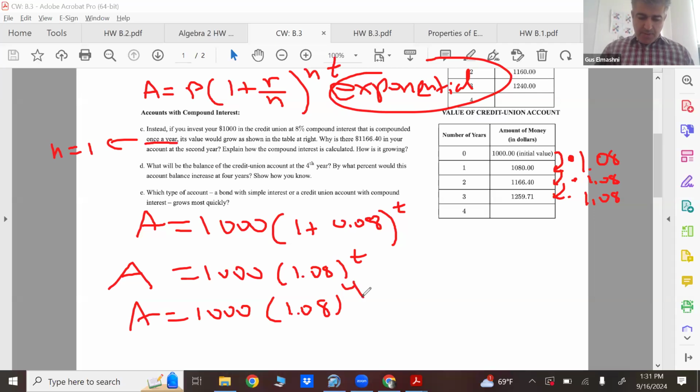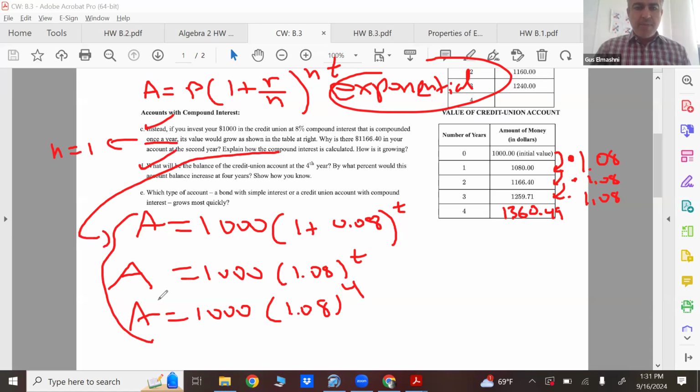So I do 1,000 times 1.08 raised to the 4th power. So you get more money. You actually get $40.49 more. So we answer part D. Part C is kind of taken care of for us. How's it calculated? That's how it's calculated. How's it growing? Exponential.